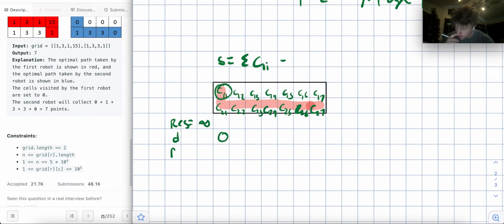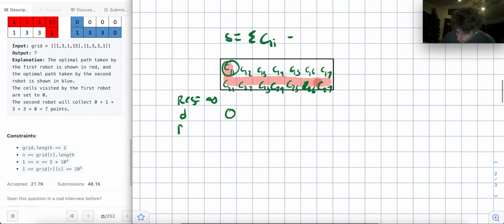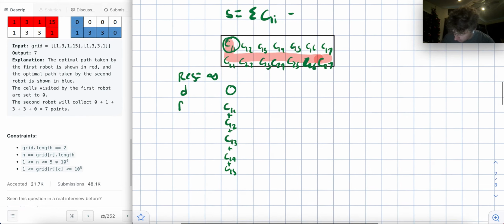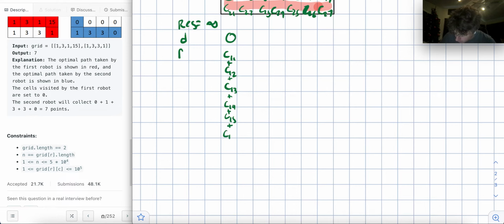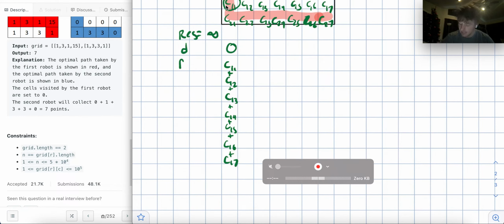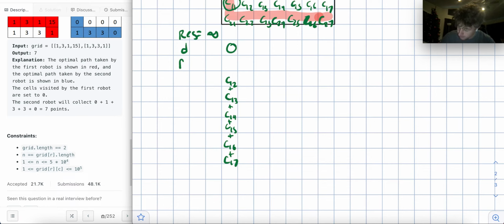So R in the first case, what would robot 2 get if it went right? It would get C11 plus C12 plus C13 plus C14 plus C15 plus C16 plus C17. But since robot 1 starts in this spot, C11 goes away, so it isn't part of it.